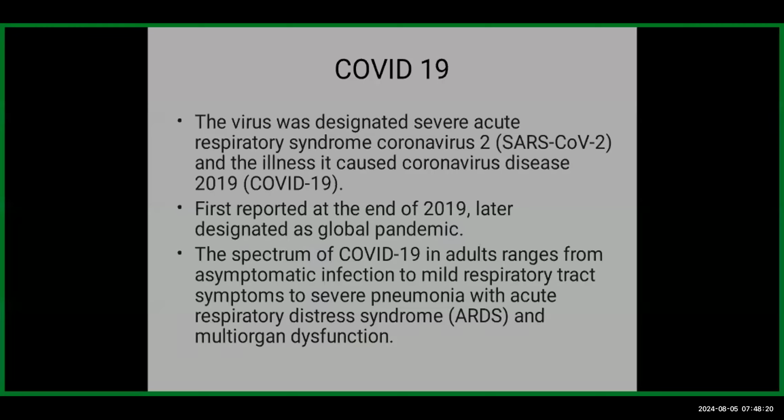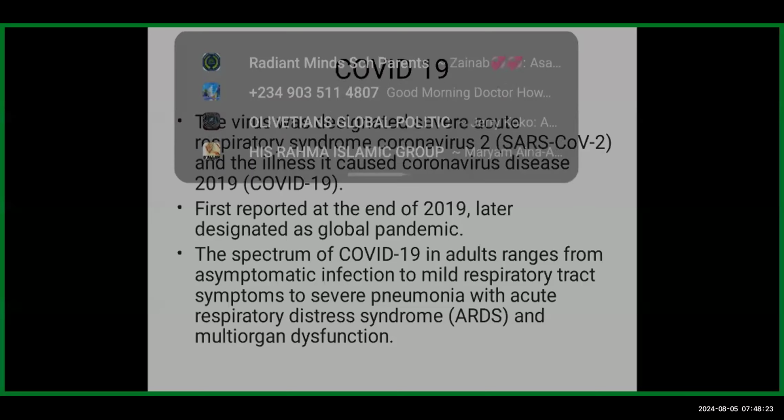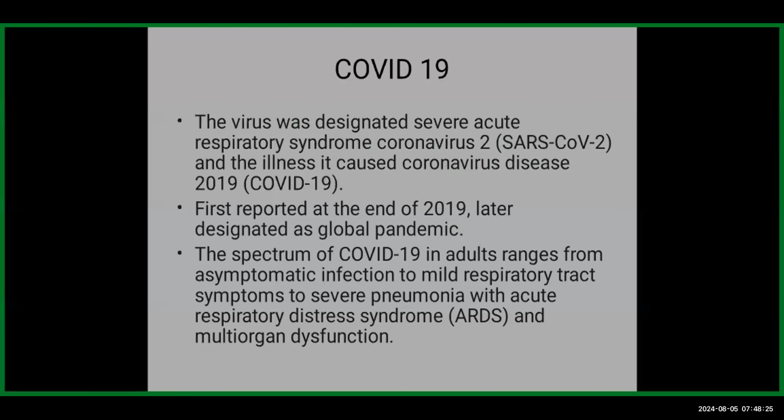The spectrum of COVID-19 in adults ranges from asymptomatic infection. Some patients may not be symptomatic, even many health workers. It can range from asymptomatic to mild respiratory tract infection to severe pneumonia with acute respiratory distress and multi-organ dysfunction.